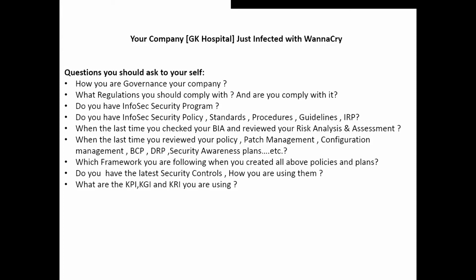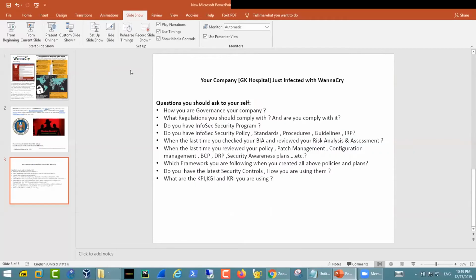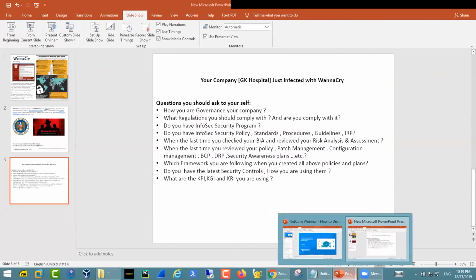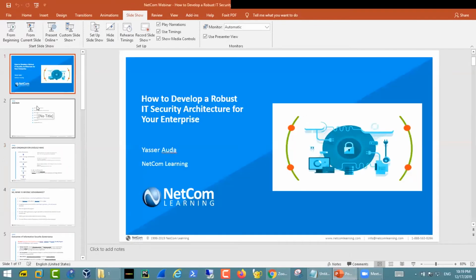Do you have the latest security controls and how are you using them? And what are your KGIs, key goal indicators, KPIs, key performance indicators, and KRIs, key risk indicators, and how are you using them? All this should be created and answered using what we call enterprise information security architecture.